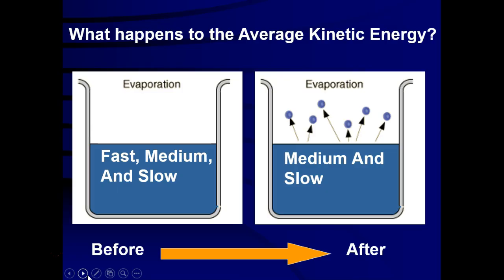It's like our fastest runners transferring to Enterprise. What happens to the average kinetic energy of the remaining water? It drops. That's what creates the cooling. And we say that water has a high heat of vaporization. It takes a lot of energy for water to transform from a liquid into a gas.